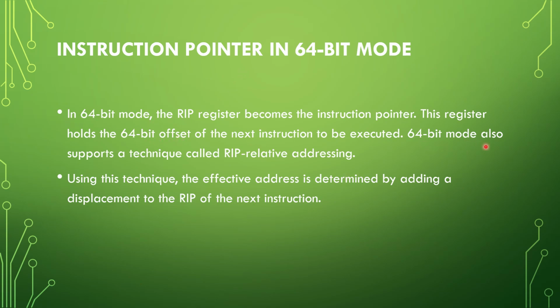The 64-bit mode also supports a technique known as RIP relative addressing. Using this technique, the effective address is determined by adding a displacement to the RIP of the next instruction. So this is regarding the instruction pointer.